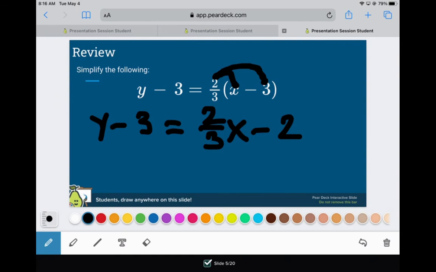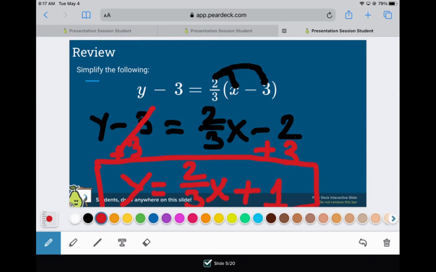We want to cancel out the 3 on the y, so you're going to add 3. So y equals 2/3 x plus 1. Okay, so most of you got this. That is good. Cool.